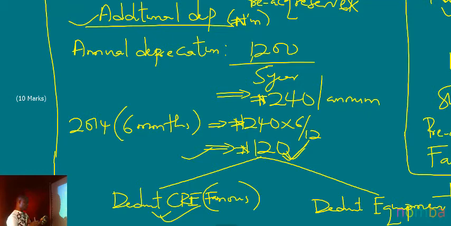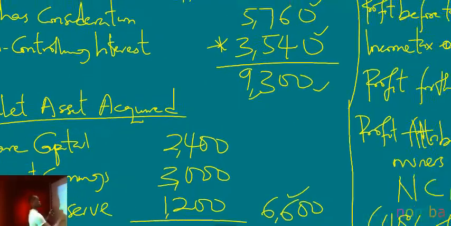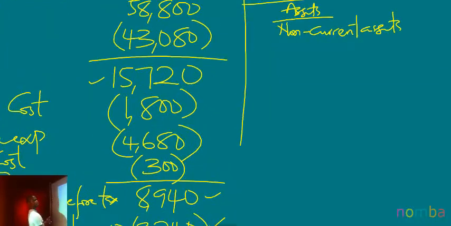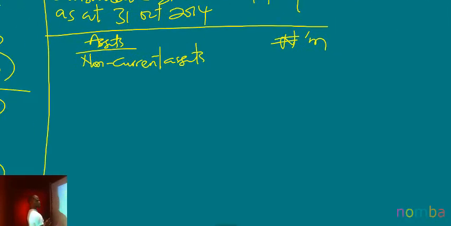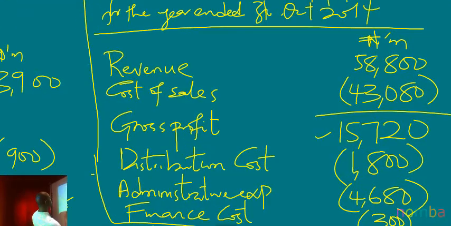So I will deduct 120, and that leaves me at 33,000. So my property, plant, and equipment that I will present in my statement of financial position will be 33,000. Then I will go back to the question and pick the next point.